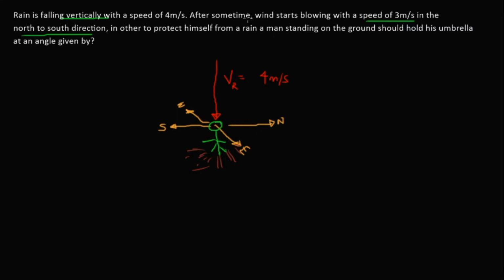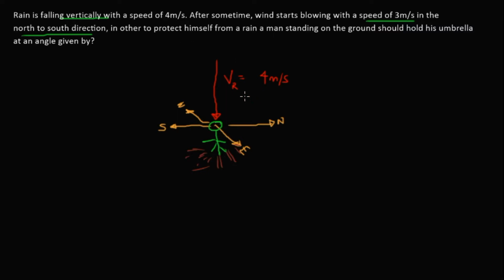Okay, after some time, wind starts blowing with a speed of 3 meters per second in the north to south direction. And then of course, in order to protect himself from the rain, a man standing on the ground should hold his umbrella in what direction?